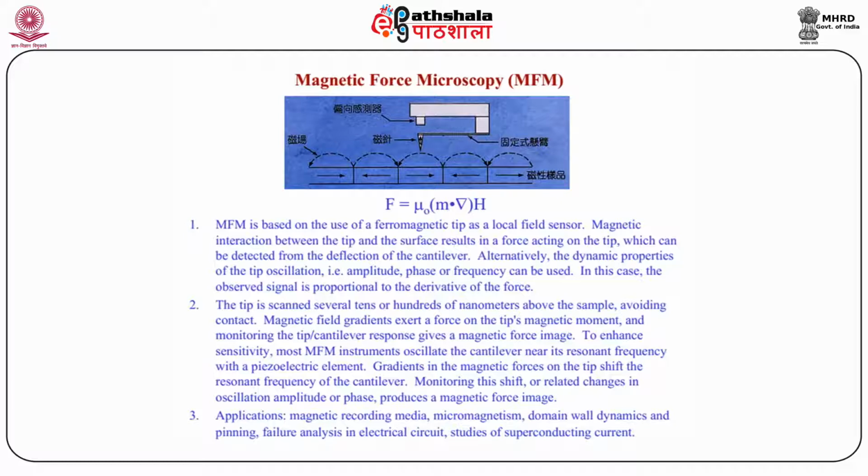The tip is scanned several tens or hundreds of nanometers above the sample, avoiding contact. The magnetic field gradient exerts a force on the tip's magnetic moment, and monitoring the tip or cantilever response gives a magnetic force image. To enhance sensitivity, most MFM instruments oscillate the cantilever near the resonant frequency with a piezoelectric element.